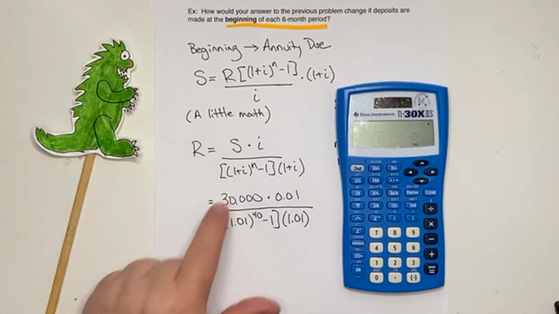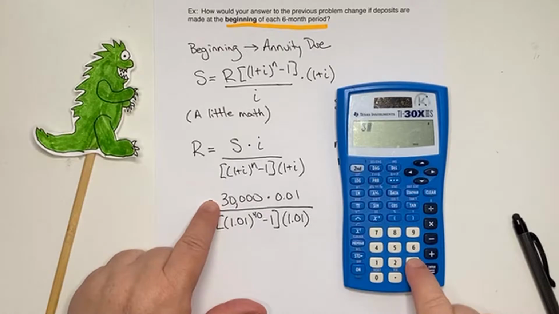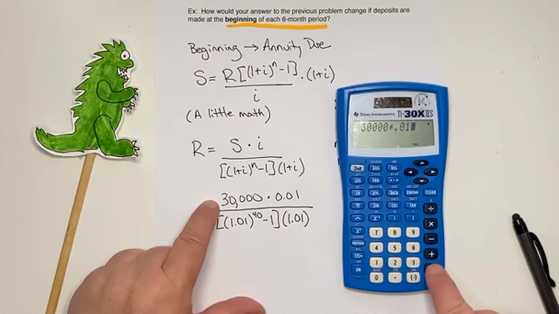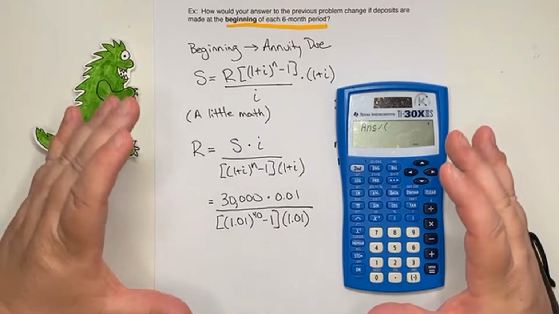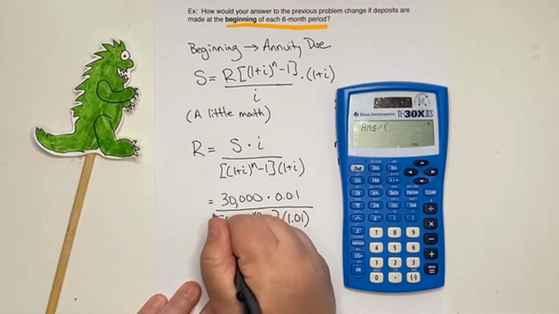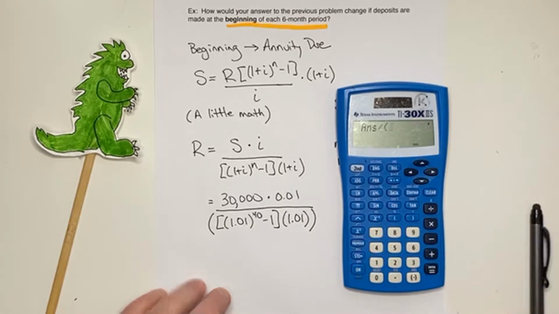So, starting up top, I've got 30,000 times 0.01, and whenever I'm done with the numerator or the denominator, I'm going to make sure I hit equals. So the numerator is going to be 300. Now I'm going to divide by, and I'm going to start with one set of parentheses that include the whole denominator. So there's going to be one big set of parentheses outside the whole thing.